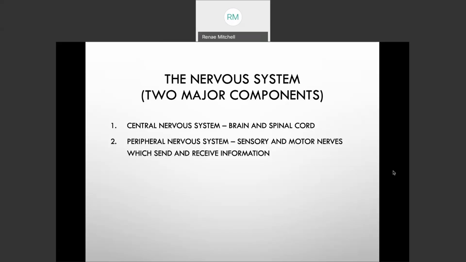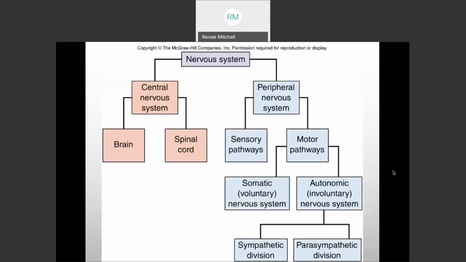And it's important that this is not a hierarchy. You'll see on the next slide that it looks like we're saying that the central nervous system perhaps is more important in some way than the peripheral nervous system. But in reality, both of these systems are essential to the way that we experience the world around us.